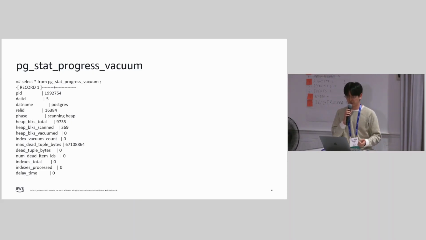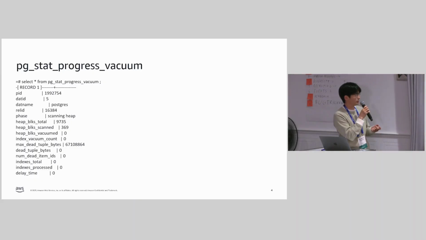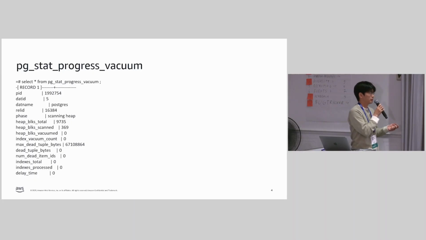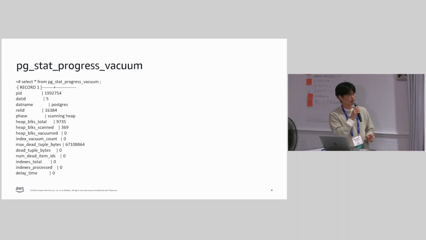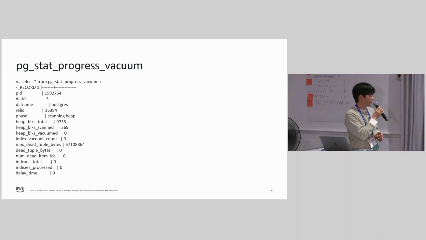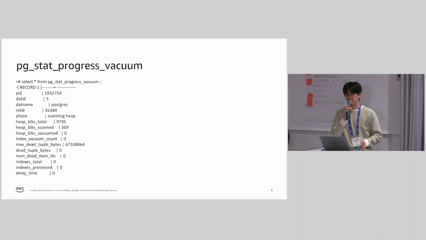From version 17, we also have the indexes_total and indexes_processed columns. These are new columns showing how many indexes are on the table and how many indexes we vacuumed so far during phase 2. In the incoming Postgres 18, we're going to have another new column called delay_time, which shows how much time we delayed due to the cost-based vacuum delay.